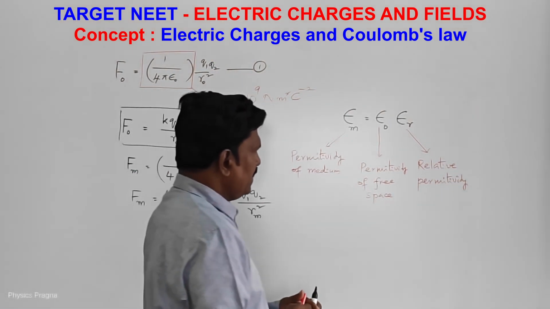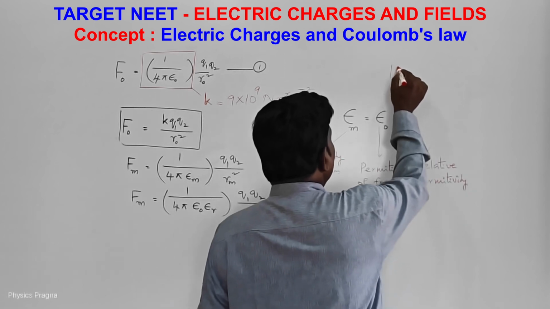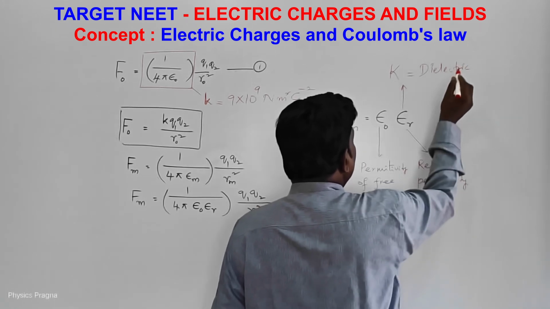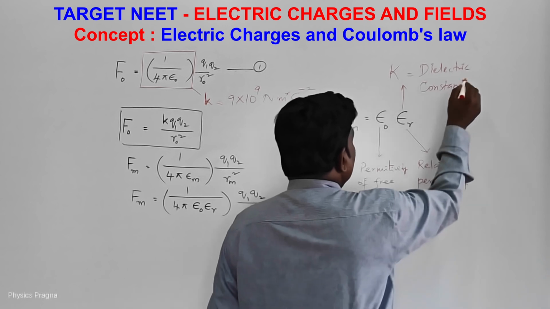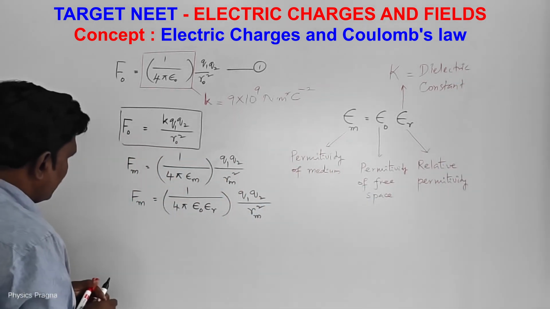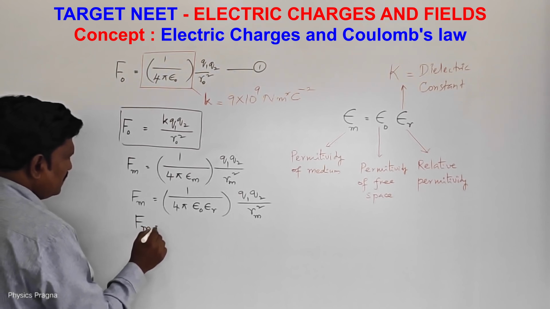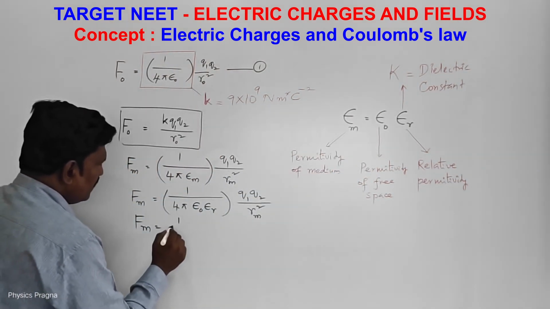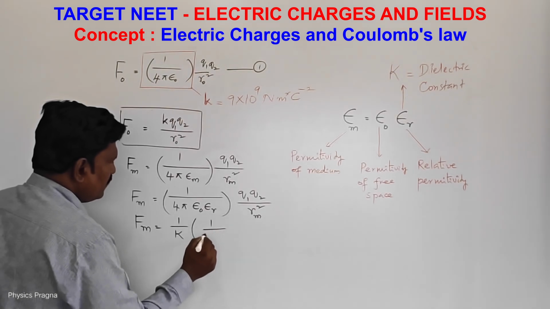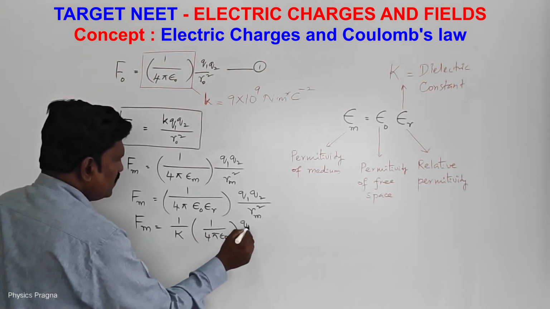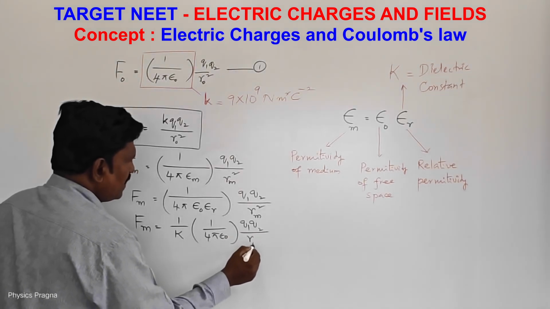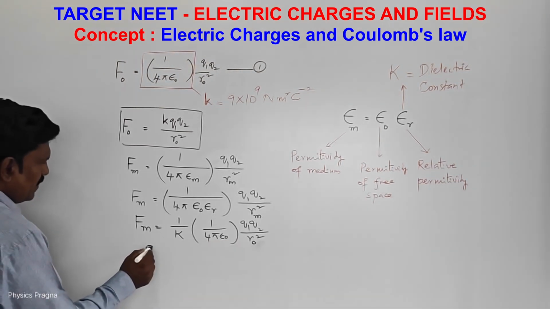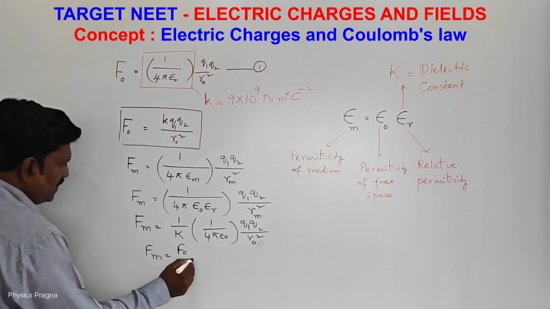This relative permittivity is also known as dielectric constant K. So I can write this formula like this: Fm is equal to, in the place of relative permittivity, I can write K. So 1 by K, 1 by 4 pi epsilon naught Q1 Q2 by R naught square, because this value came here. So Fm is equal to F naught by K.